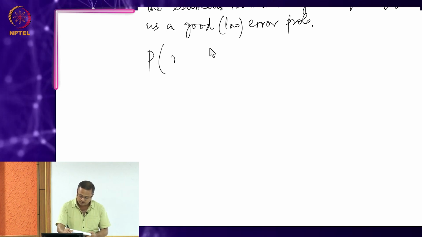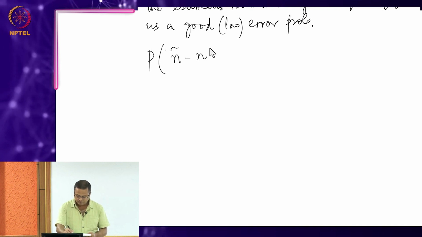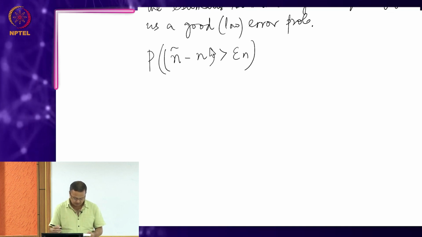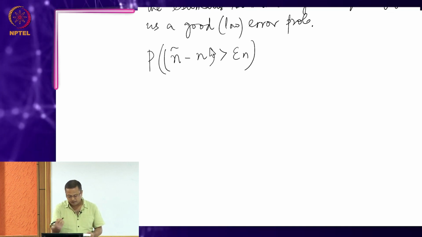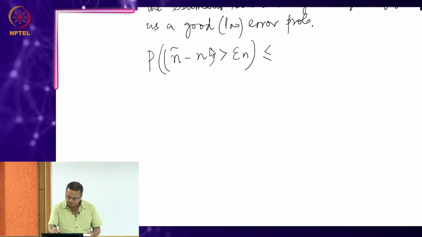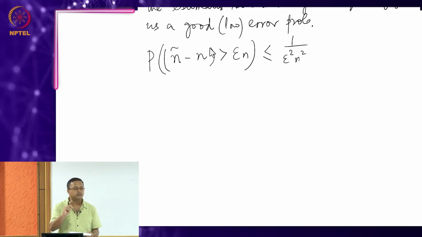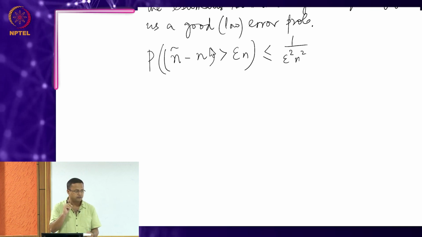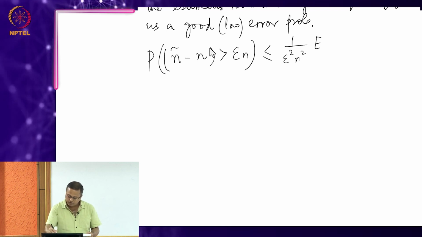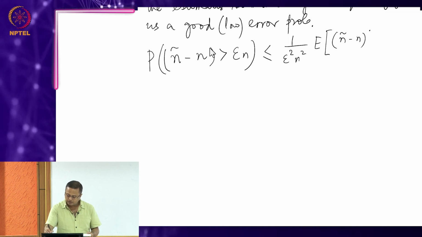So, what I want is the probability that n hat minus n is greater than epsilon n to be some delta, and Chebyshev would tell you this to be 1 by, mind you, this epsilon is the error we discussed in the morning, right? Epsilon is the error parameter. So, expectation of n hat minus n whole square.